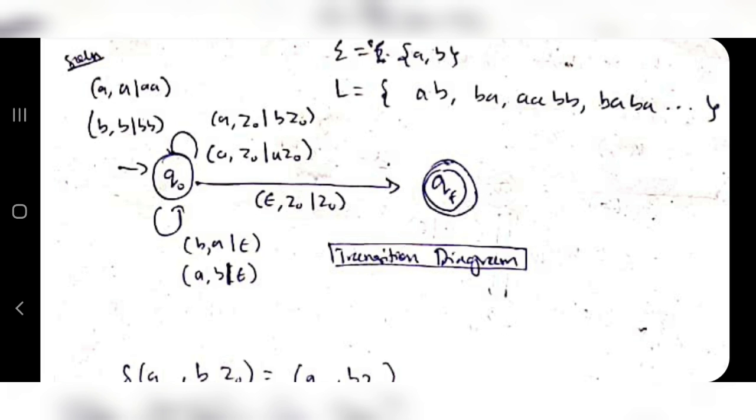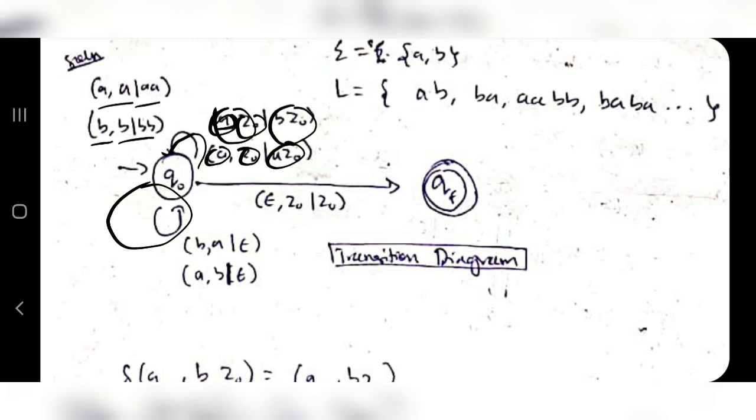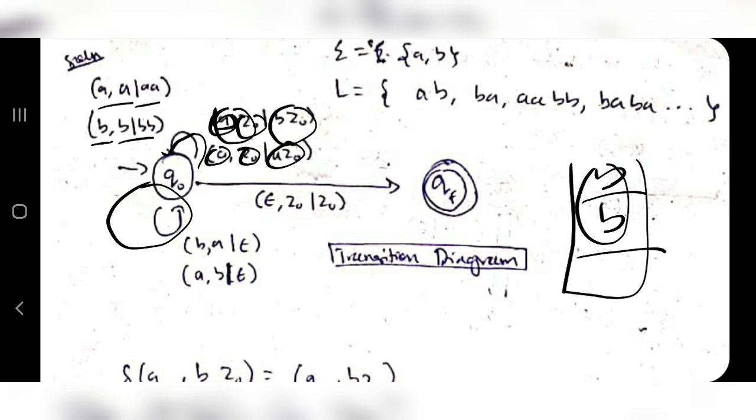For that I have written here: if the input is A and Z naught, I should stay in the same state. If it is B and Z naught, I should stay in the same state. Or if it is BB or AA, in all these cases I will stay in the same state. What I mean to say is, if BB is there, I will stay in the same state only, I will not pop it.